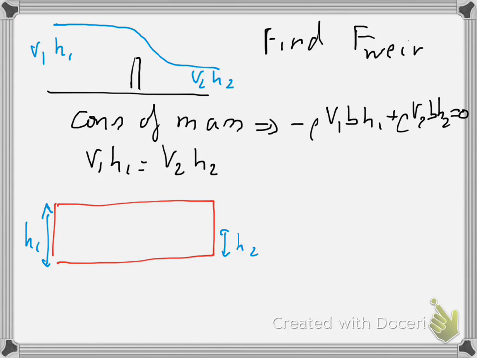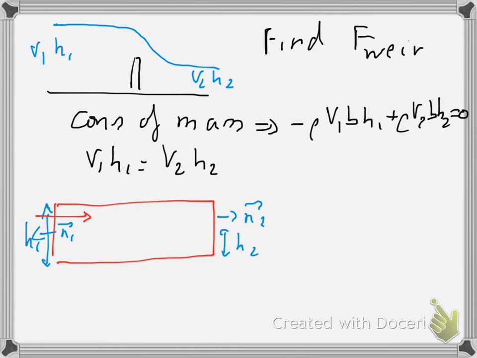I forgot the normals, so I have N2 and N1. In terms of forces, what are we considering? We're considering the force of the water on the left of the control volume, so upstream of the control volume, onto the control volume.